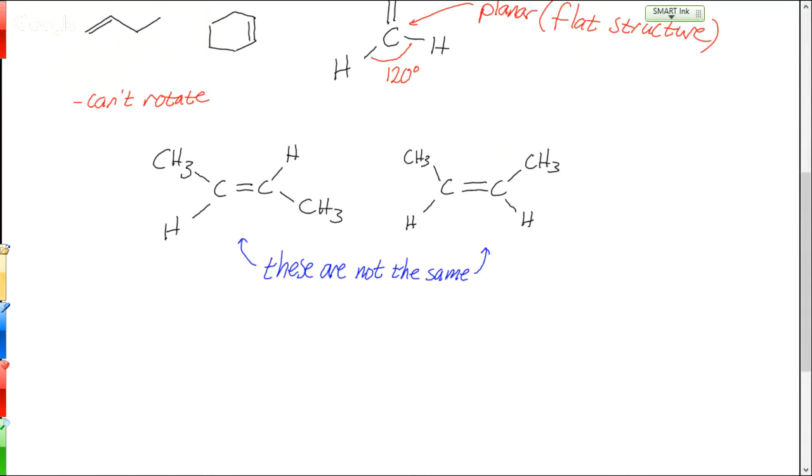So if there are two different things connected to a carbon on a double bond, it's actually going to matter where it's connected, because we can't just twist it to make the same thing.